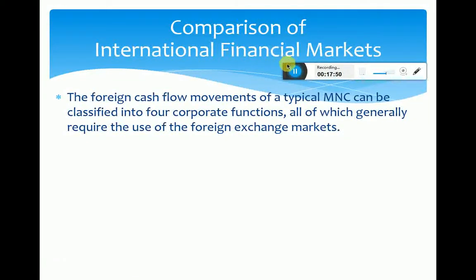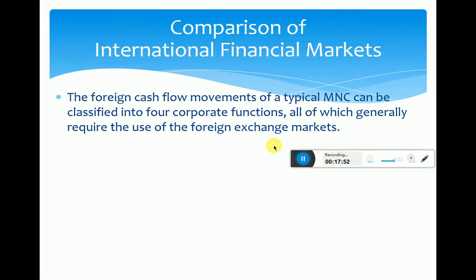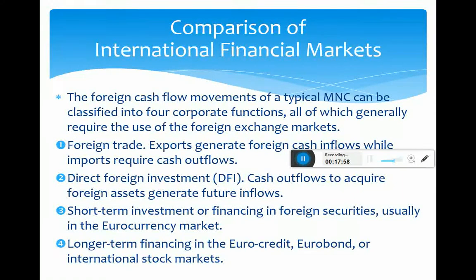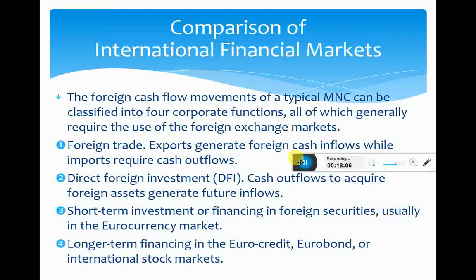Okay, now comparisons of international financial markets. Let's compare the international financial markets, so we can see the differentiation between each and how we can use different markets for different purposes. The foreign cash flow movements of the typical multinational corporation can be classified into four corporate functions, all of which generally require the use of foreign exchange markets.